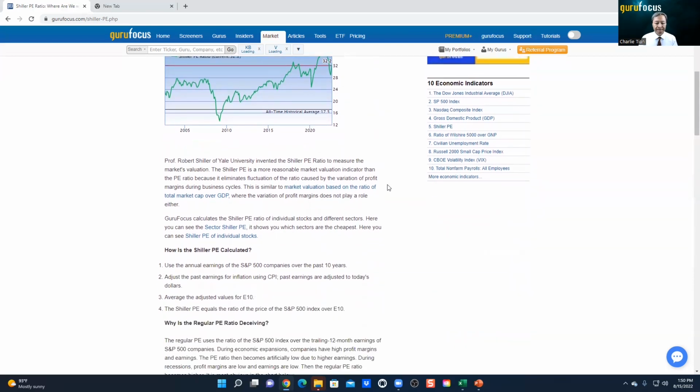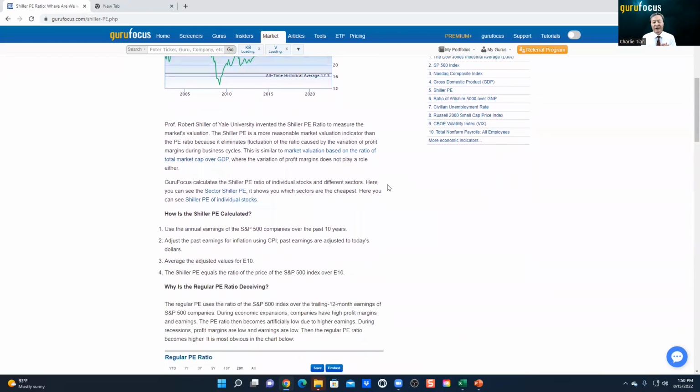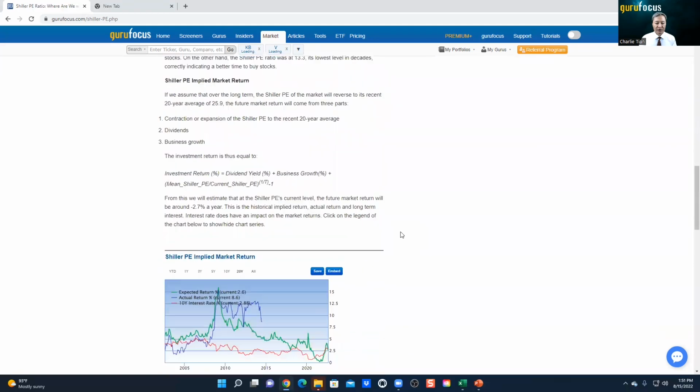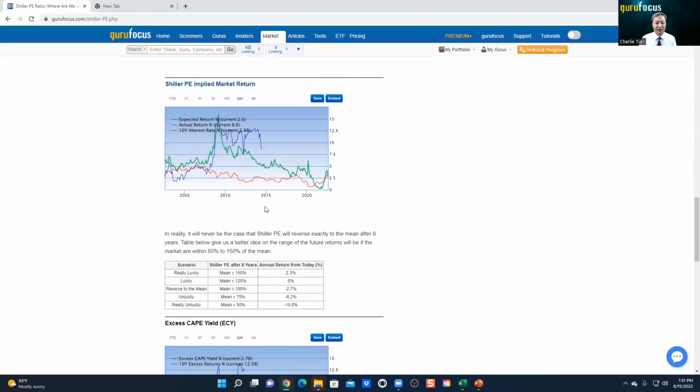But we need to consider other factors: the future growth of business, the dividend yield of the stock market, plus the factor of the Shiller PE reverting to the mean. These three factors can be used to estimate future returns. And that's what we get from the Shiller PE estimate.